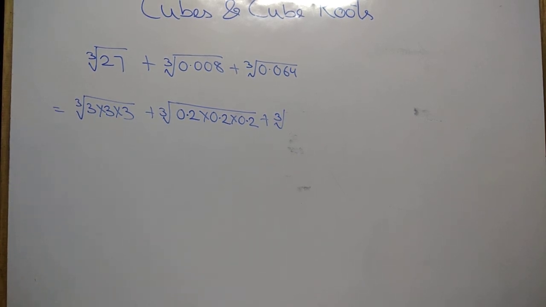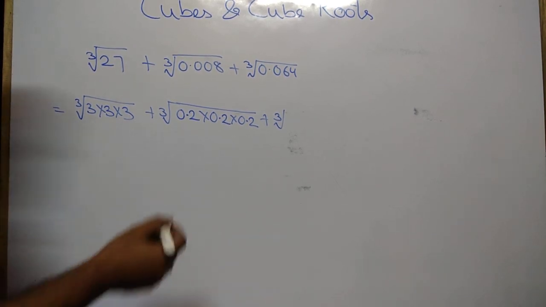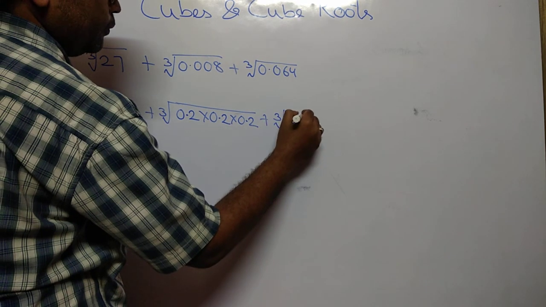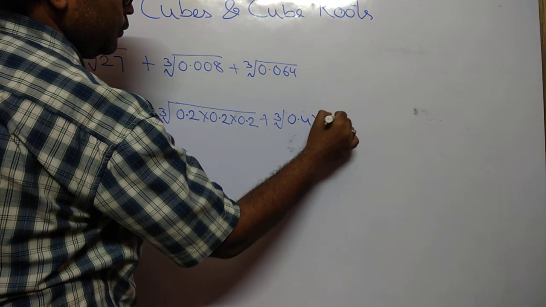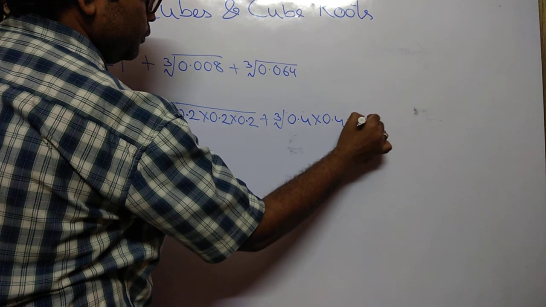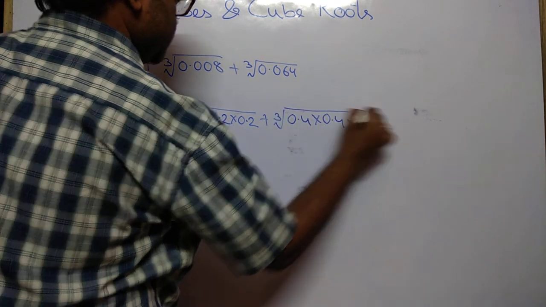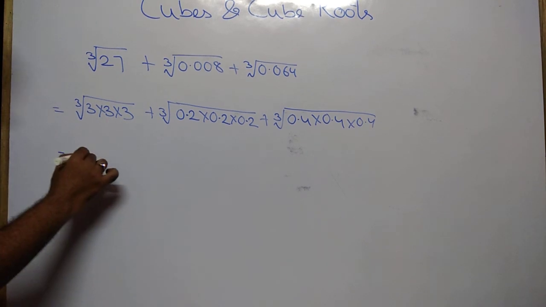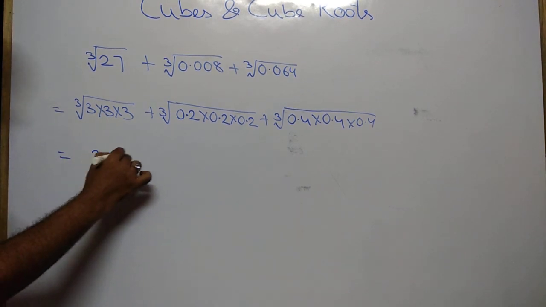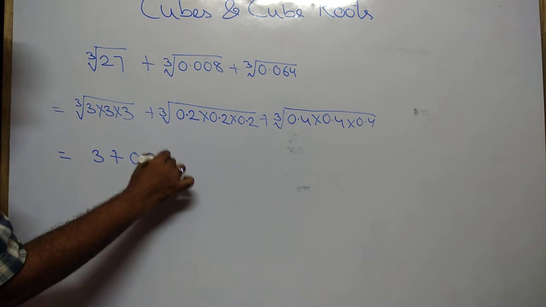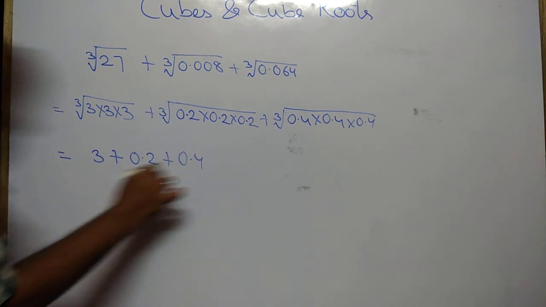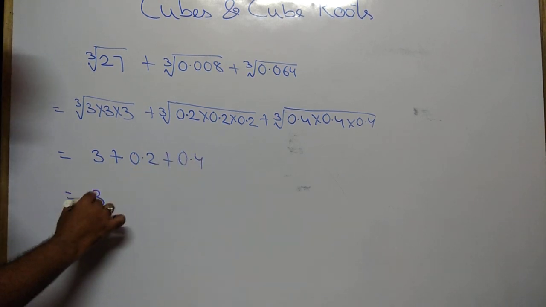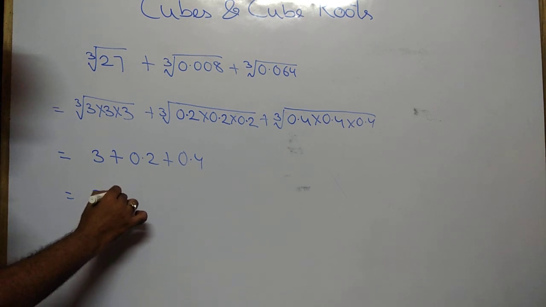We can easily find that the cube root of 64 is 4, so here we write 0.4 into 0.4 into 0.4. So ultimately we have 3 plus 0.2 plus 0.4, which is 3.6.